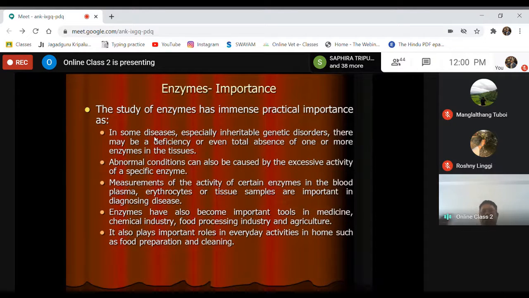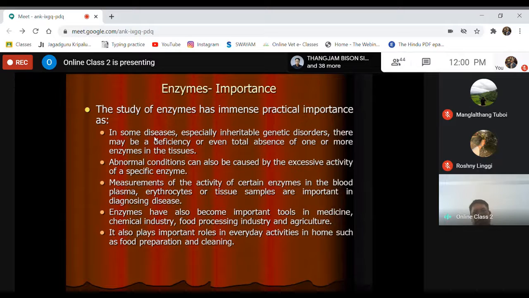So when there is some disease condition, the level of these enzymes in the blood increases. So by checking the level of that particular enzyme in the blood, we can get a clue that there may be a problem in these disease conditions. Say alkaline phosphatase may increase in liver diseases.